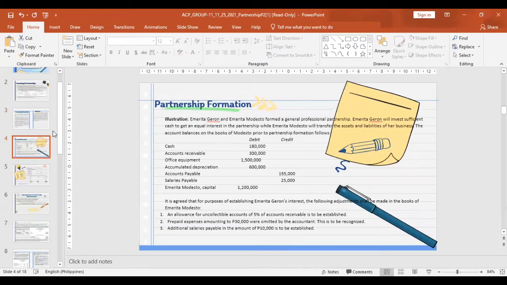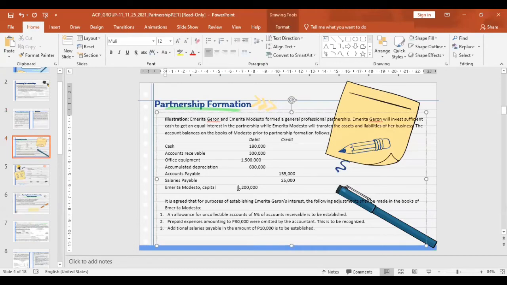So si Emerita Modesto, meron siyang cash, accounts receivable, office equipment, accumulated depreciation, accounts payable, salaries payable. Yan. And then, sabi ni Emerita Gueron, kung magkano daw yung capital ni Emerita Modesto, magbabayad siya equal. Pero yun nga lang, cash ang ibibigay niya.